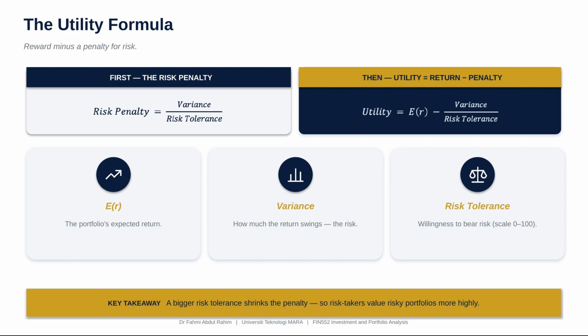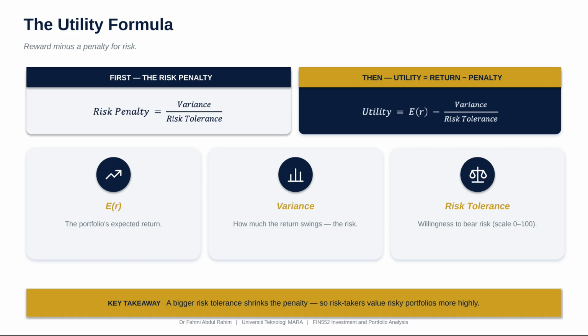Then, on the right, utility itself, which is simply the expected return, E of R, minus that risk penalty. So utility equals E of R minus variance over risk tolerance. The 3 ingredients are in the cards. E of R is the portfolio's expected return, the reward.